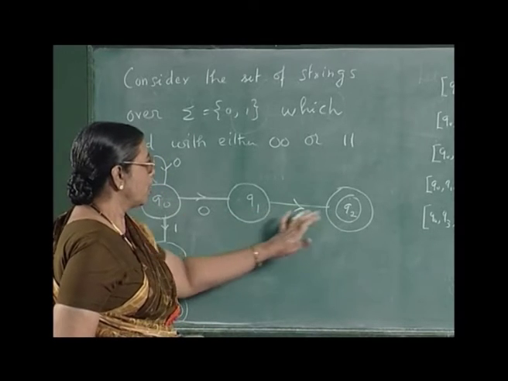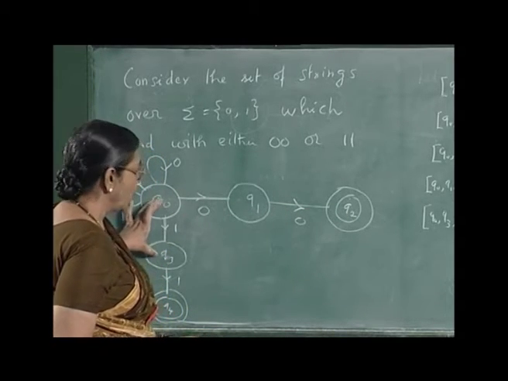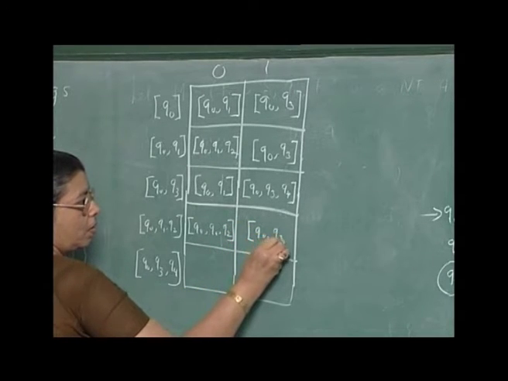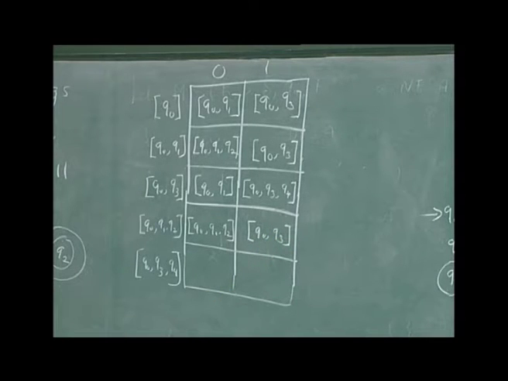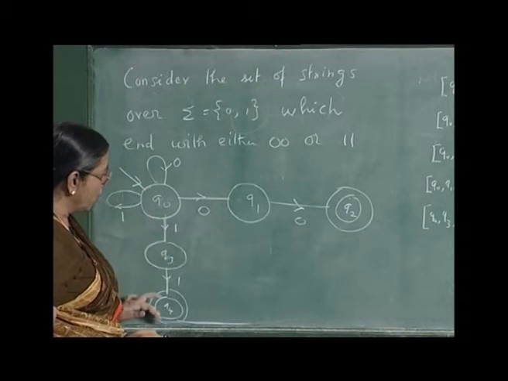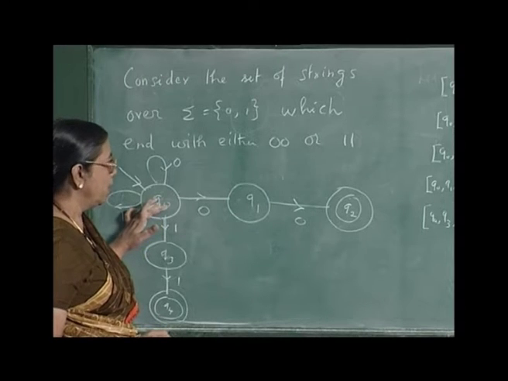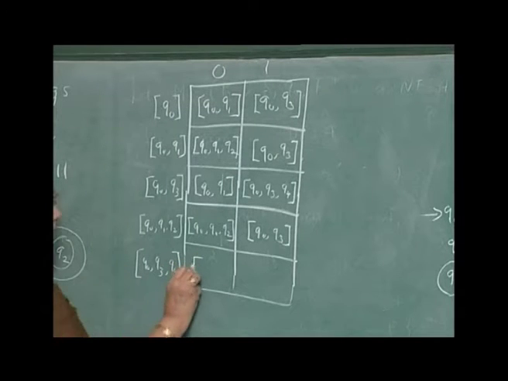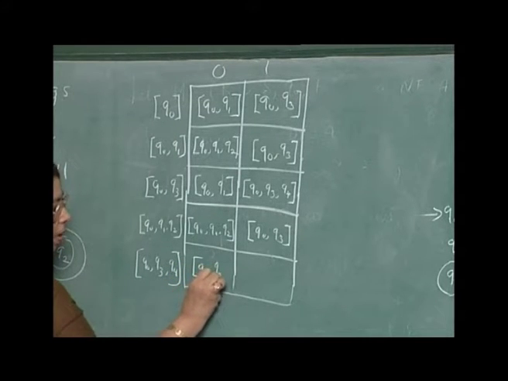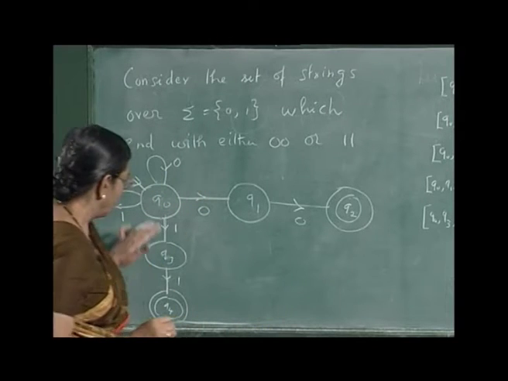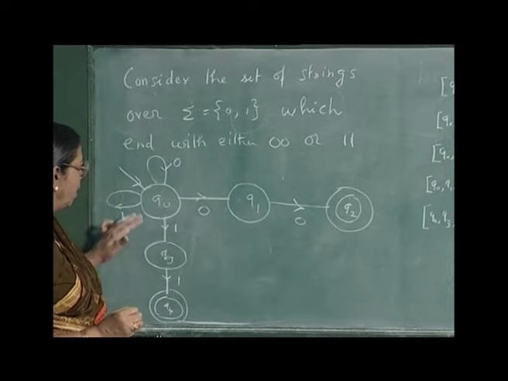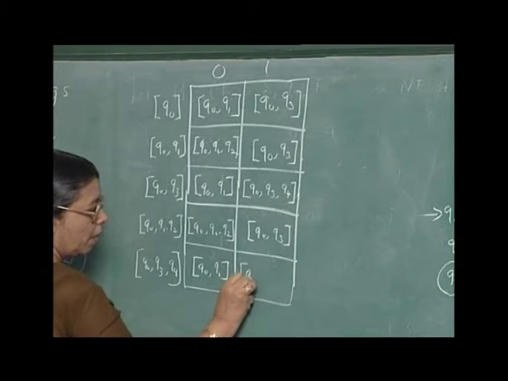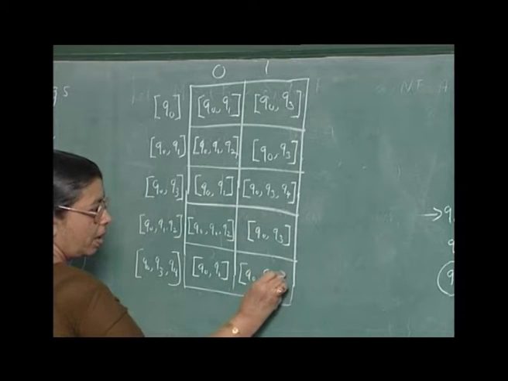From Q naught, Q1 or Q2 if you get a 1, you get to Q naught or Q3 only. From Q naught, Q3 or Q4 if you get a 0, you get to Q naught or Q1 only. If you get a 1, you get Q naught, Q3, Q4.